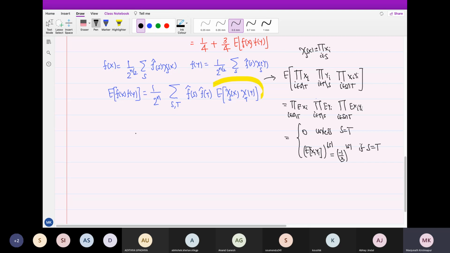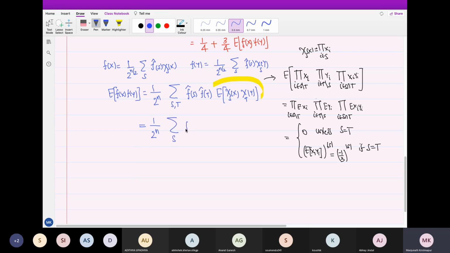Anyway, coming back here, stop me at any time if the calculations, they're elementary, but I may jump over something without explaining. So please stop me. Otherwise, I'll just continue. So here we have 1 by 2 to the power n. Now we have seen that if S is not equal to T, we get nothing.